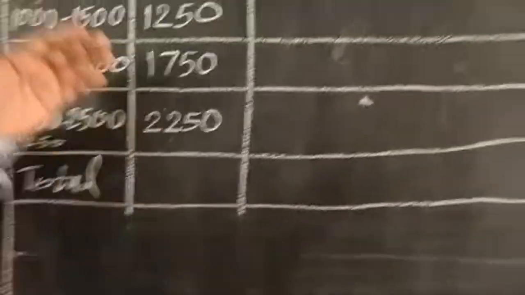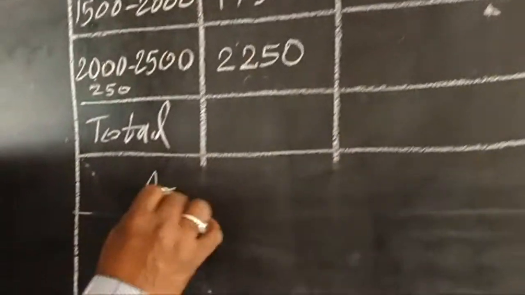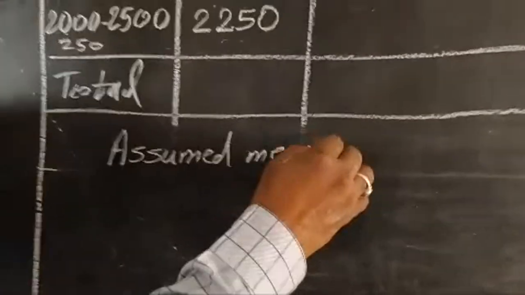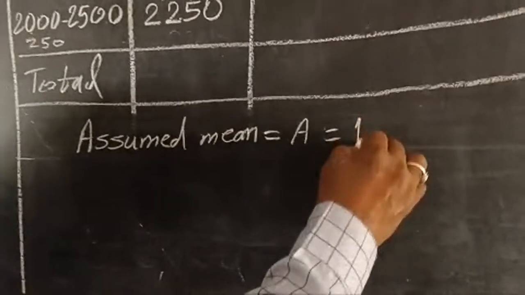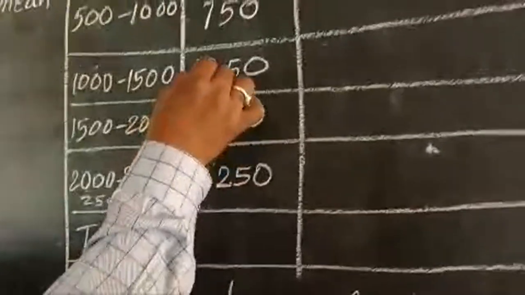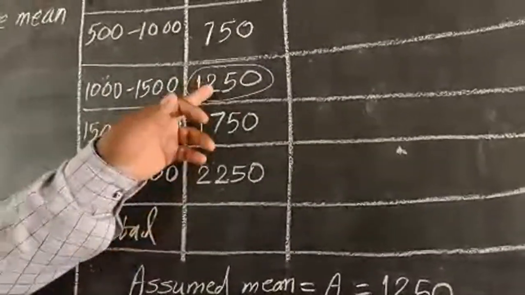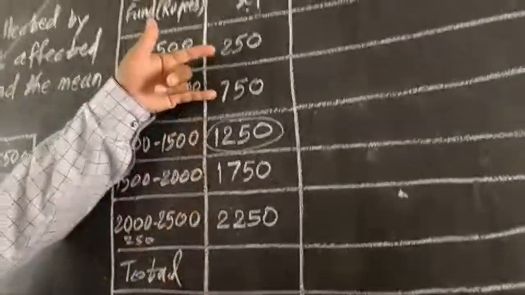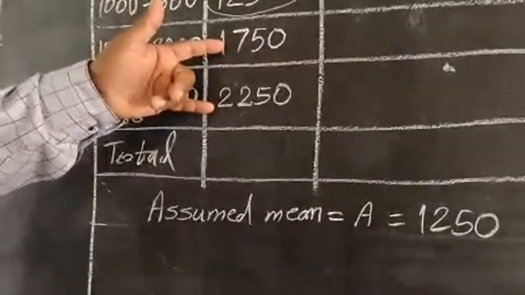Here, which class mark we consider as assumed mean? Assumed mean denoted by A, and we consider 1250. That class mark is present at the middle of the class marks. On upper side 2 numbers, on lower side also 2 numbers.